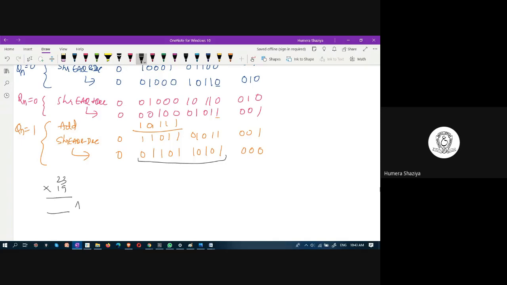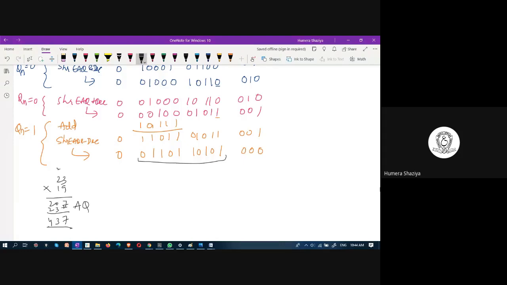Whatever is the value, you will find in A and Q. So what is the value actually? In decimal, what is the value? 23 into 19 is equal to? 437. 437 is the product.